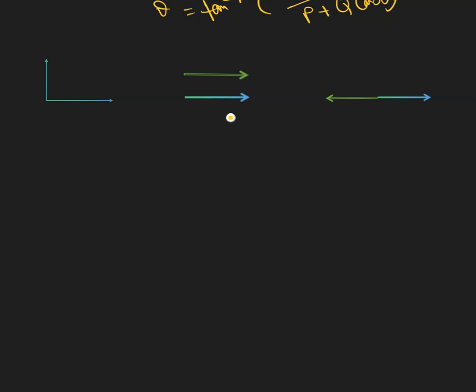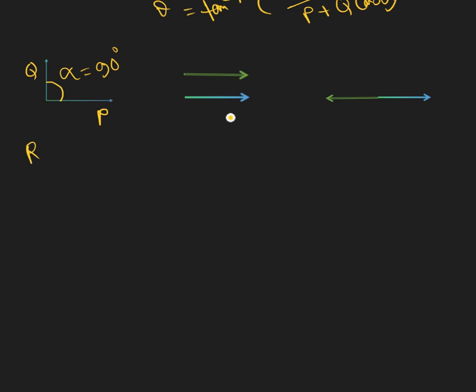So here is the vector P and here is the vector Q. In between these two vectors, let's say the value of alpha is equal to 90 degrees. It means they are at a right angle. Indeed, what will be the value of R?